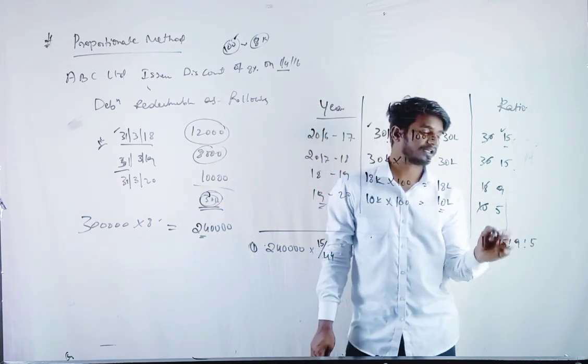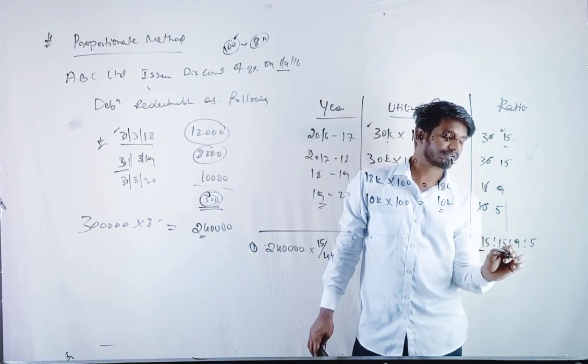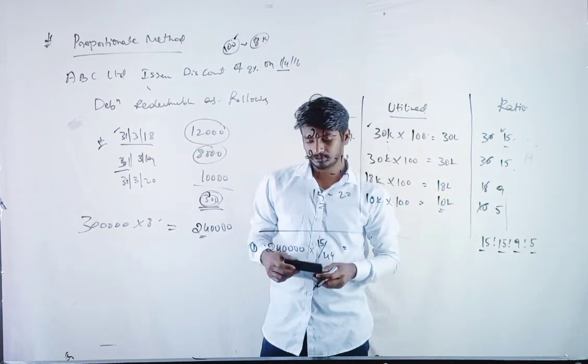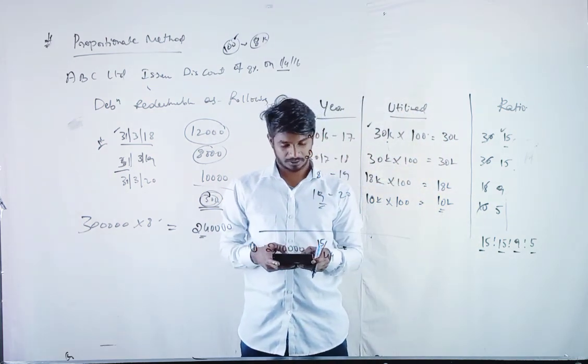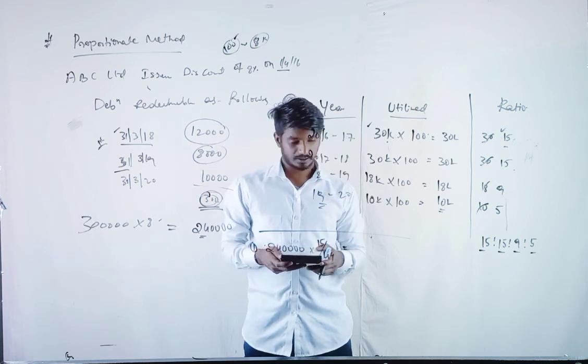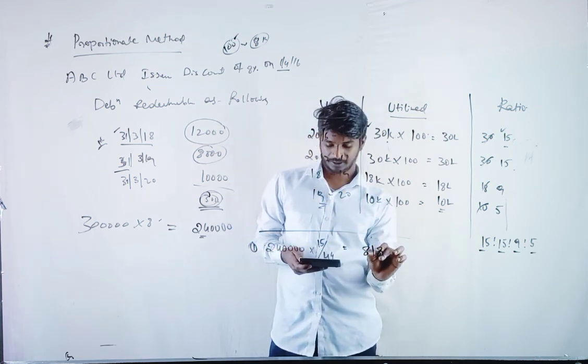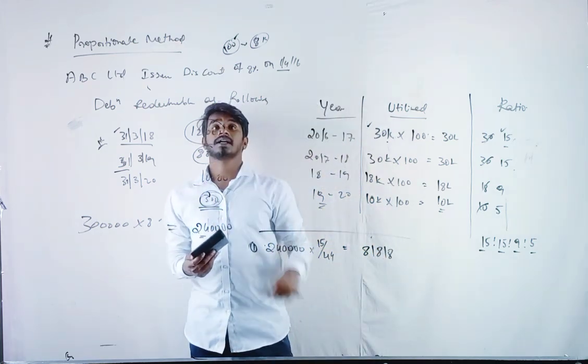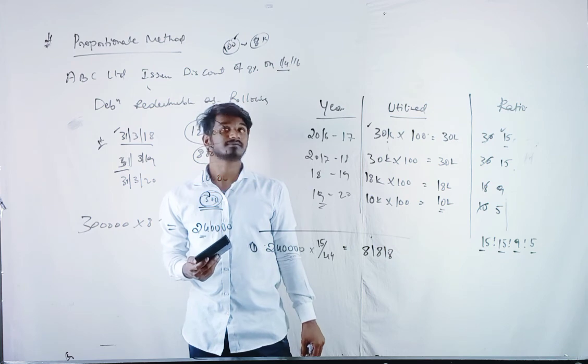Where does 44 come from? 15 plus 15 plus 9 plus 5 is equal to 44. 2 lakh 40,000 into 15 divided by 44 comes out to 81,818, right?